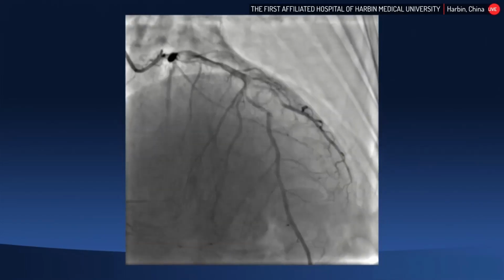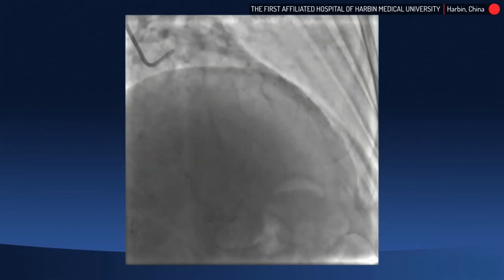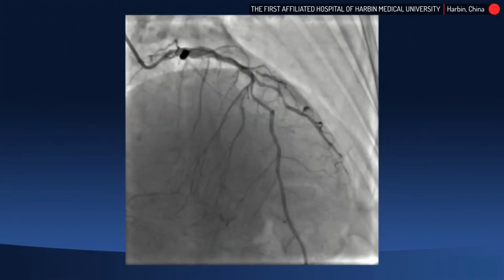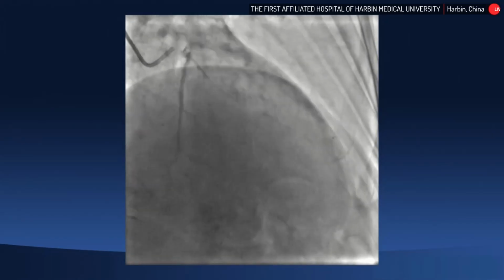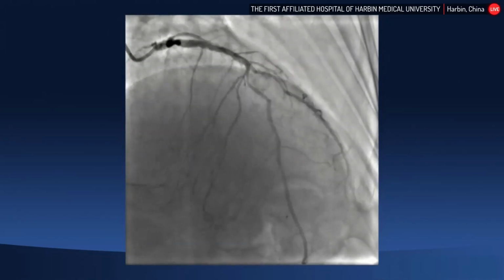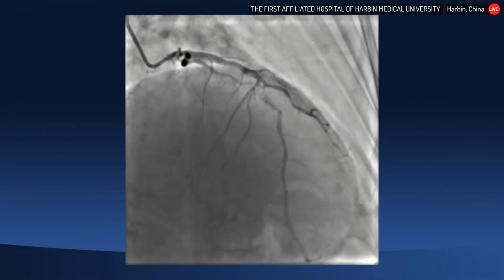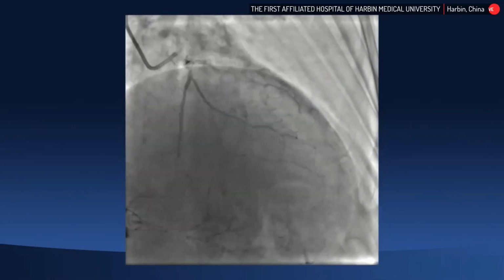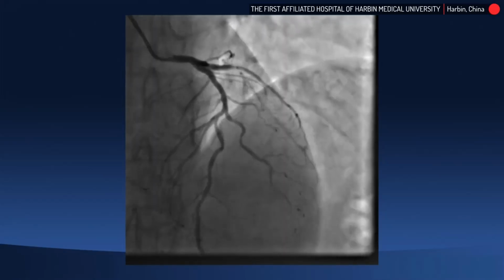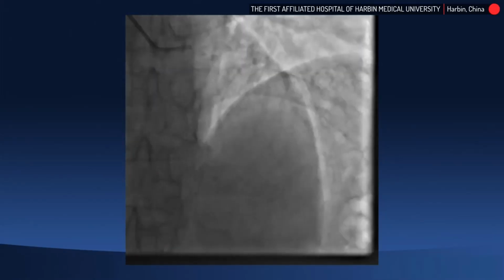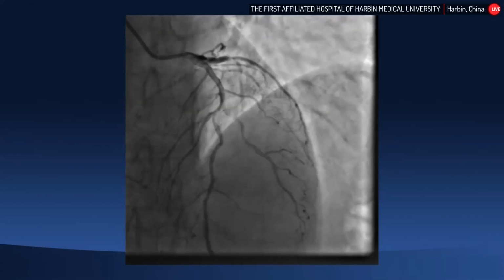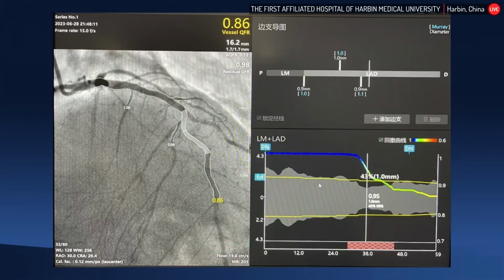LAD revealed many collaterals to RCA through the septal branches and the left ventricular apex. The QFR is 0.86 in the middle LAD.